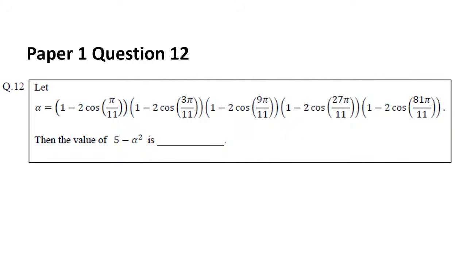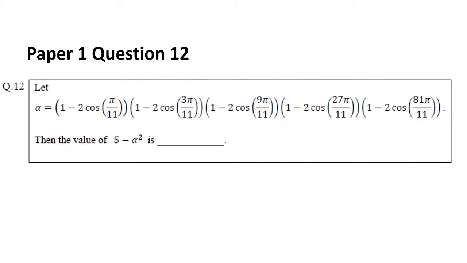Now 1 minus 2 cos, this should be 3 theta. 1 minus 2 cos, the next one has to be 9 theta. And 1 minus 2 cos, the next one has to be 27 theta.